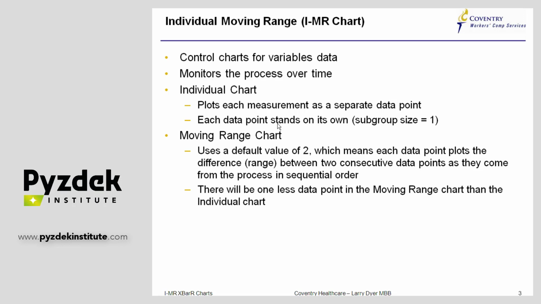And then the moving range chart uses a default value of 2, which means that we're looking at the range between the different points on the chart. You can change that, but typically people leave it at 2. And so there will be one less data point on the moving range chart than there will be on the IMR chart, on the I chart.